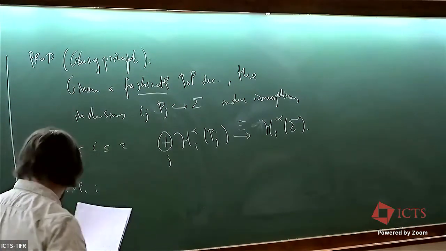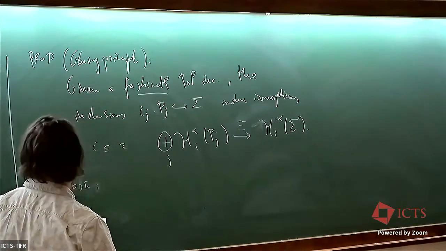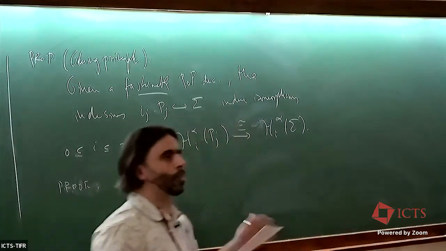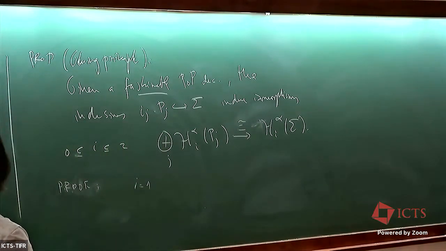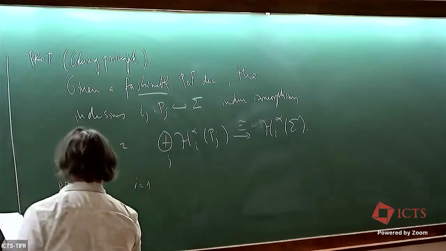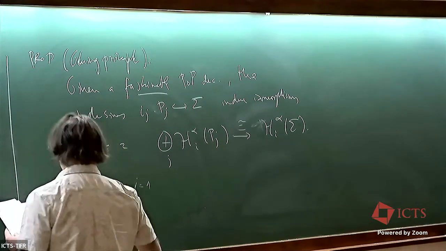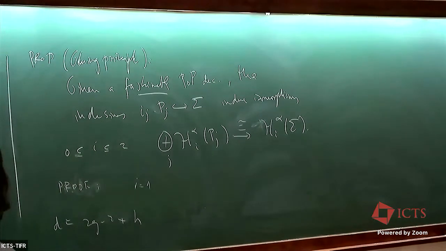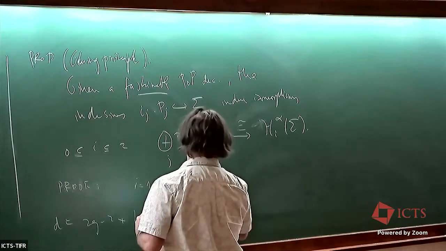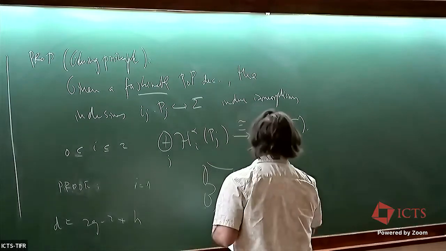So the proof is just, there is something that you need to show for i equals 1. This is an induction argument. So it's induction on 2g minus 2 plus h, this number. You start with d equals 1. For d equals 1, the possibilities are just the pair of pants itself, where there's nothing to show, or the punctured disk.